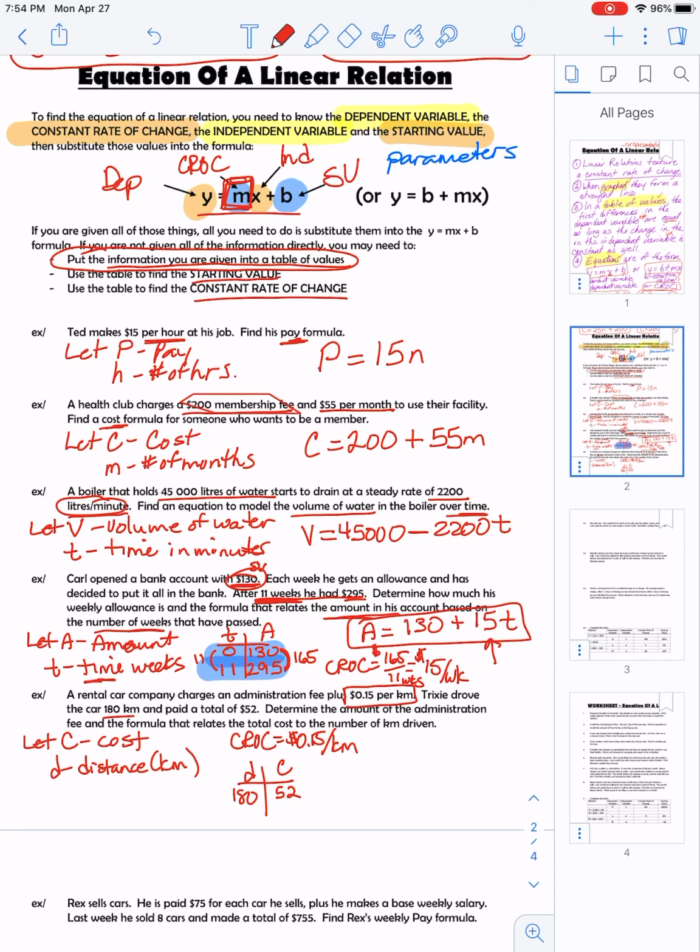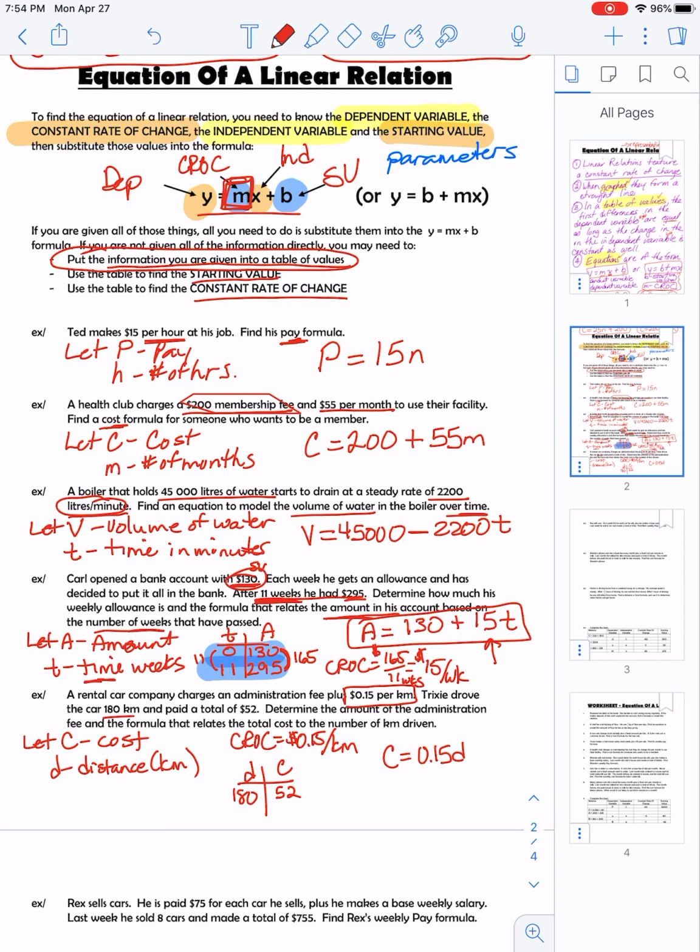However, what we can do here is, we know that cost is going to equal 0.15D. And now we have to figure out how much more it's going to be. Well, we're going to do a test number.